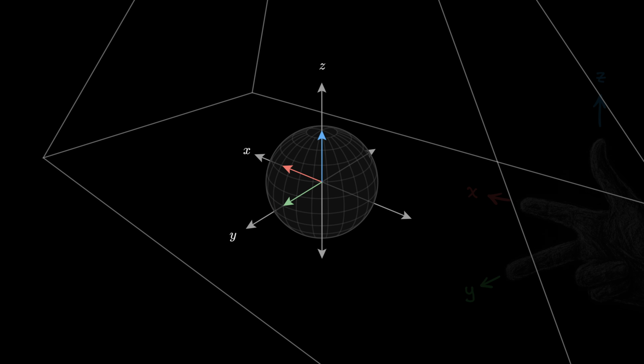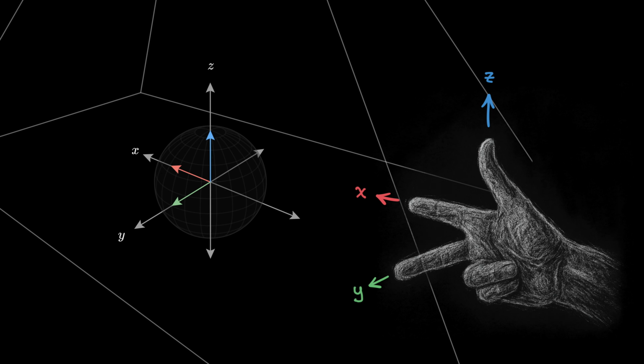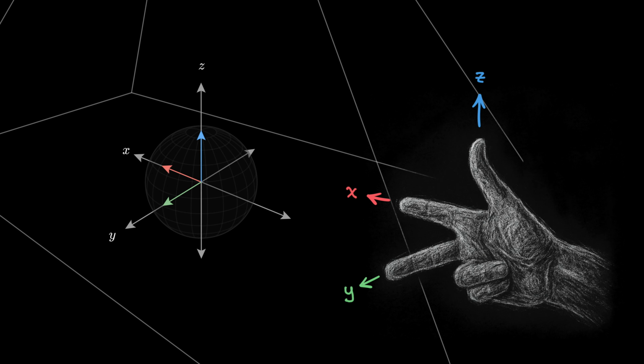With your right hand, point your index finger in the direction of the positive x-axis, and your middle finger in the direction of the positive y-axis. Now, because the direction your thumb points is in the same direction as the positive z-axis of our setup, this is a right-handed coordinate system.